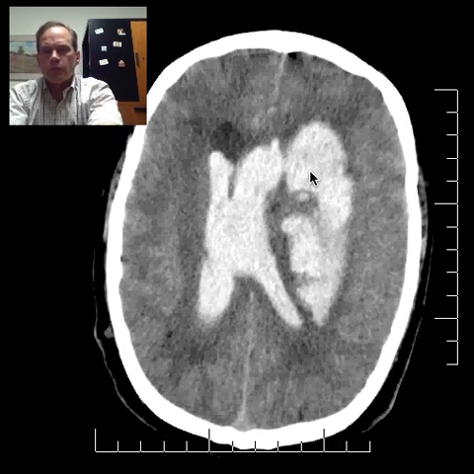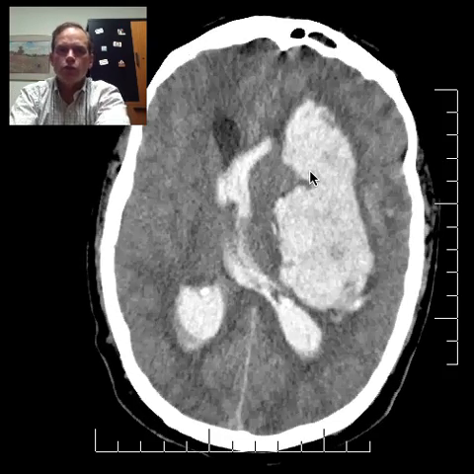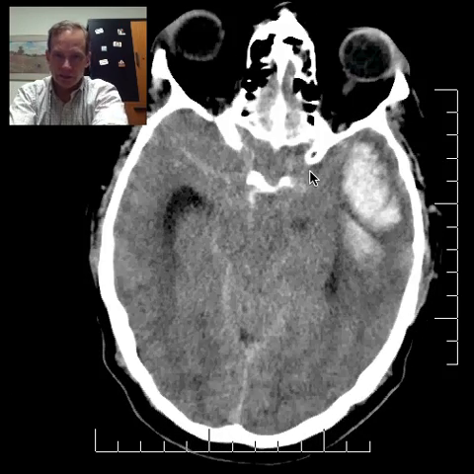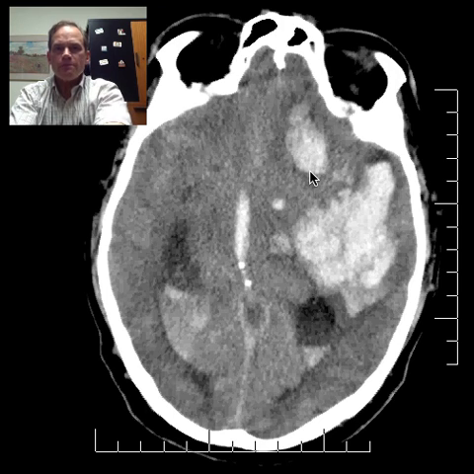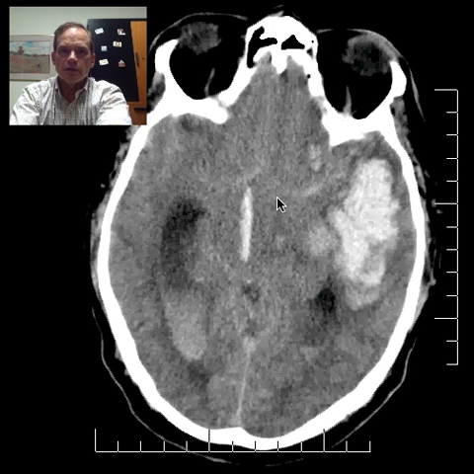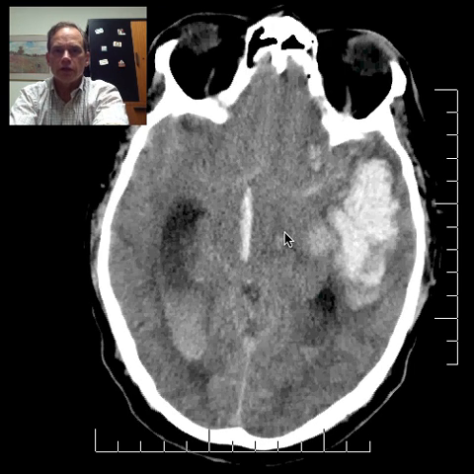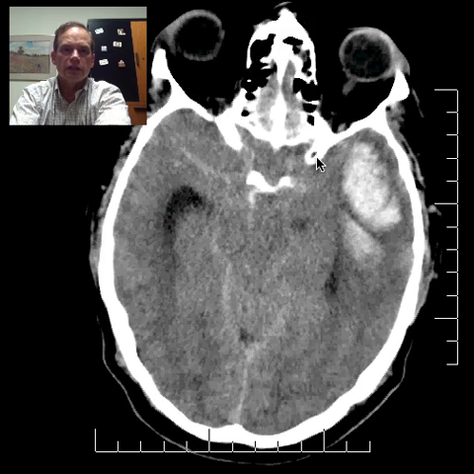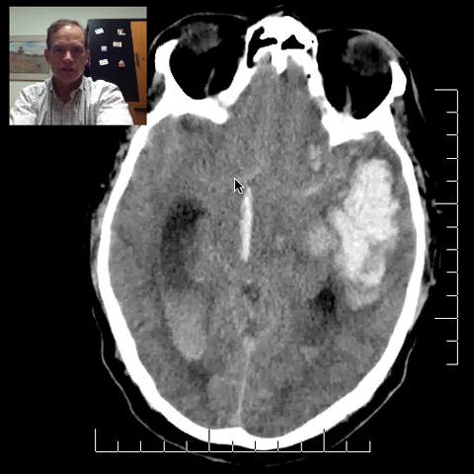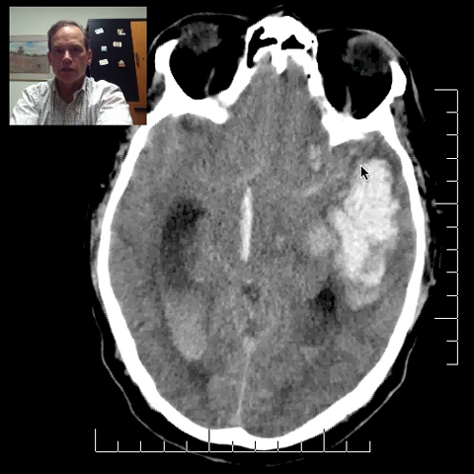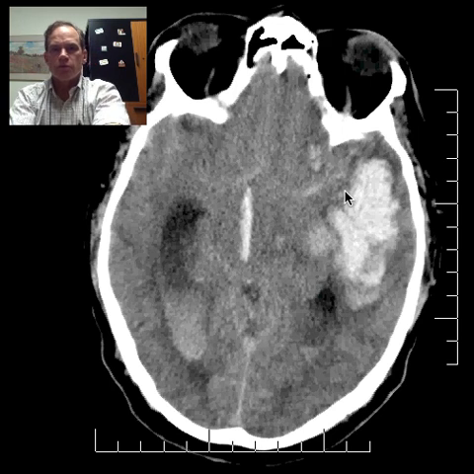So, hypertensive hemorrhages tend to occur in the basal ganglia because, as you know, the middle cerebral arteries go off to the right and to the left, and we get a little hint of them here, partly because of their own natural high attenuation and partly because there's some blood probably tracking along the vessel from the subarachnoid space.